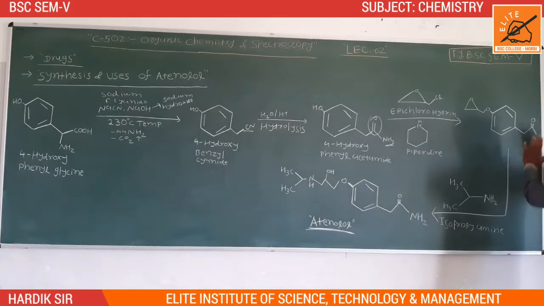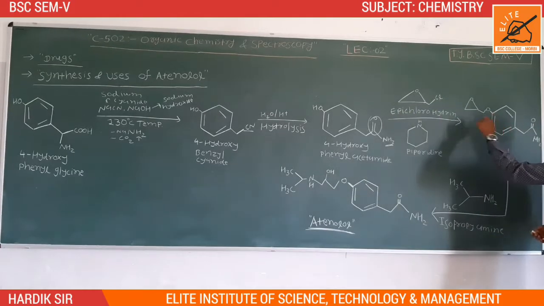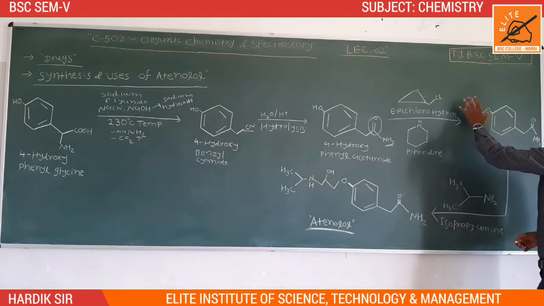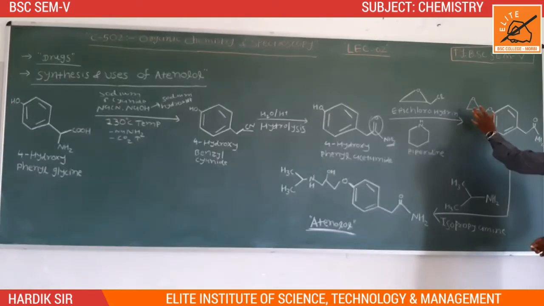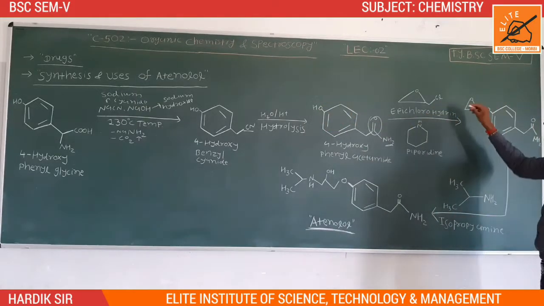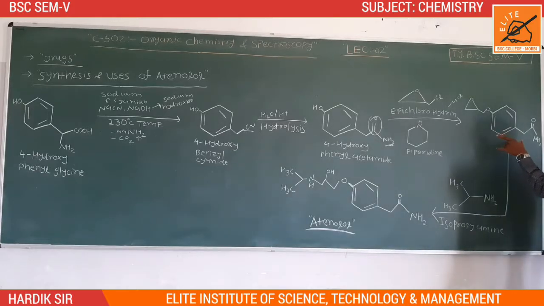Our epichlorohydrin is combined with the hydroxyl group: the hydrogen was removed and the Cl was removed, so HCl is removed, producing our third intermediate product.